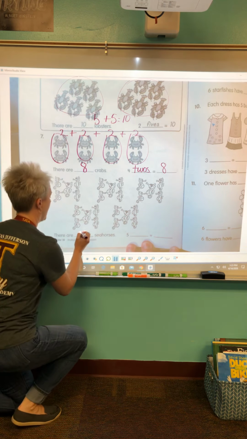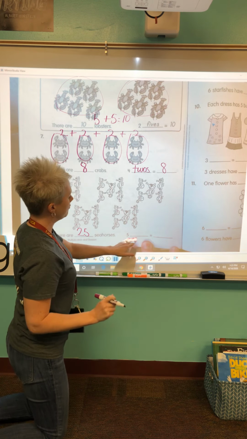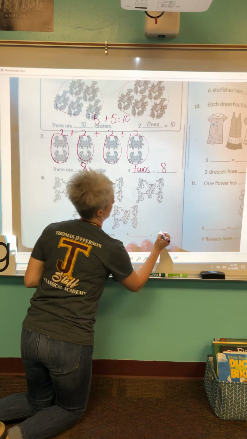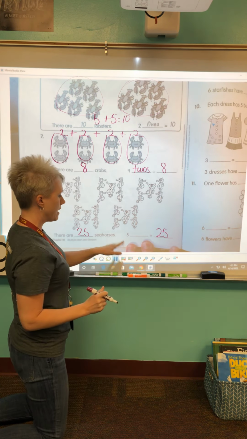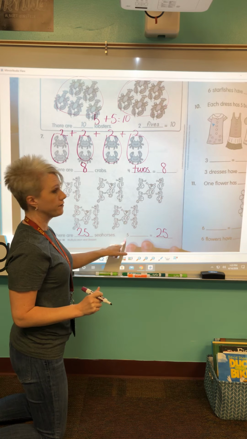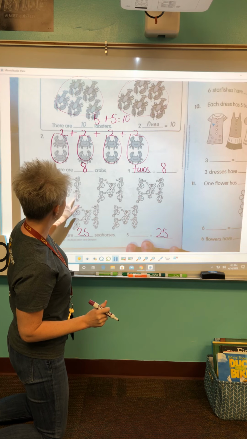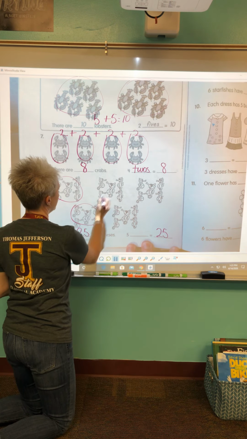We have 25 seahorses. Okay. 5 blank equals blank. We know 25 is how many we have all together, which is going to go over here. They want us to put them in groups of 5, and they've pretty much already grouped them up in 5s, little groups of 5. So let's just circle our groups of 5.